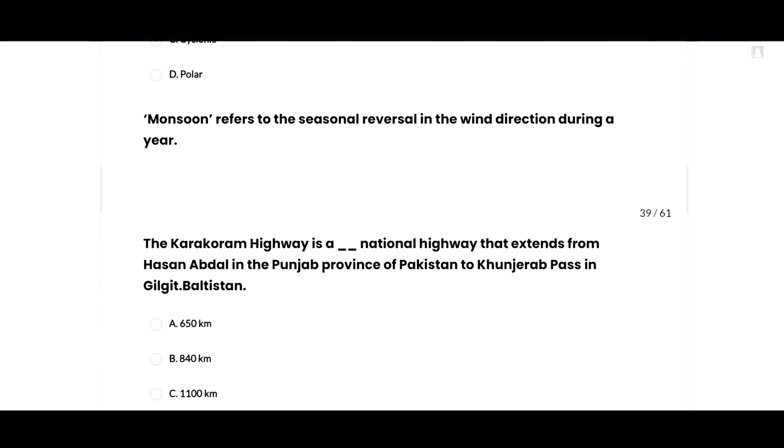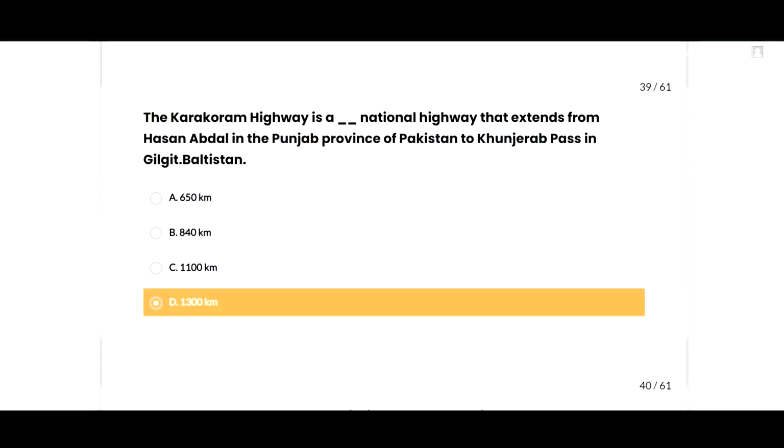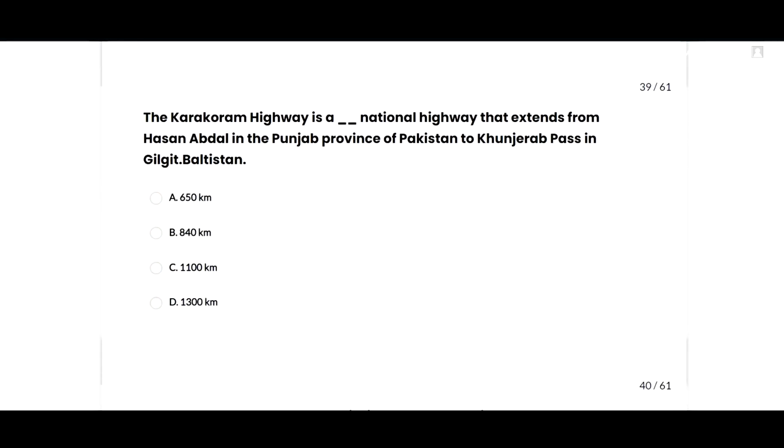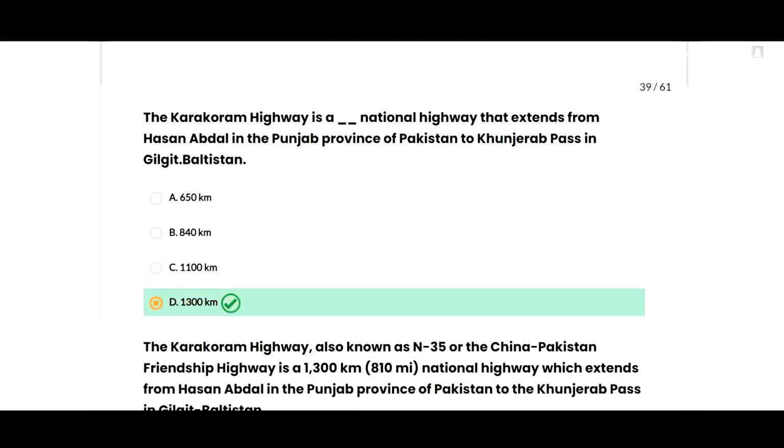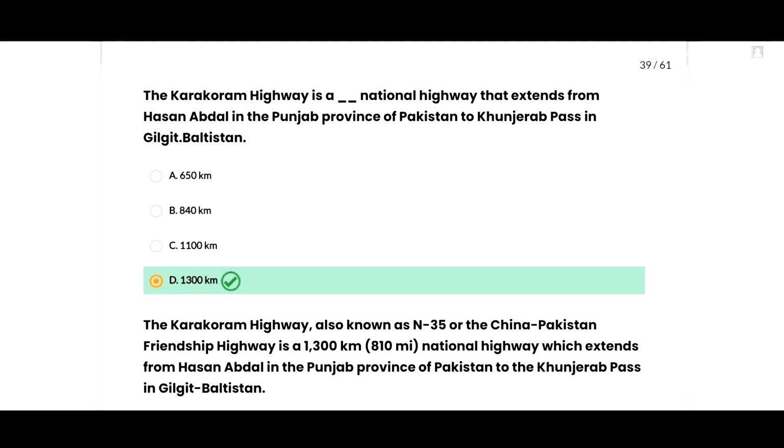Now I'm going to discuss the last MCQ of general knowledge. The Karakoram Highway is a 1300 kilometer national highway that extends from Hasan Abdal in the Punjab province of Pakistan to Khunjerab Pass in Gilgit-Baltistan.